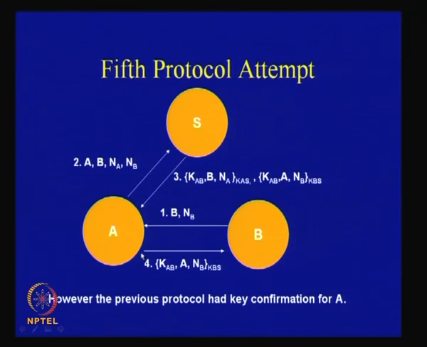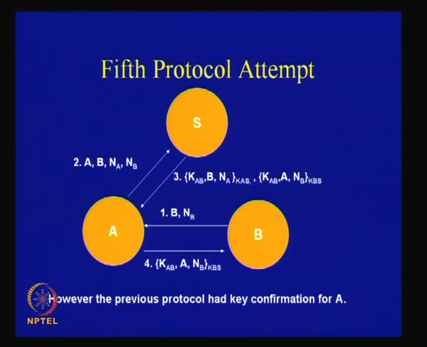So when A sends back the second part, B again uses the key KBS, decrypts, and obtains the session key KAB. However, the previous protocol actually tried to do something more than this protocol. The previous protocol also tried to ensure key confirmation for A. This protocol obtains less, but obtains it in a secure fashion.